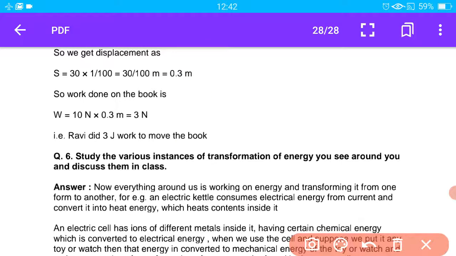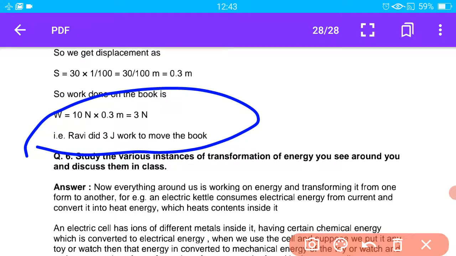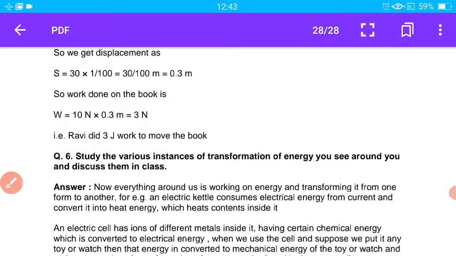So the work done on the book is W equals 10 Newton into 0.3 meter, equals 3 joule. Finally, the answer is that Ravi did 3 joule of work to move the book.